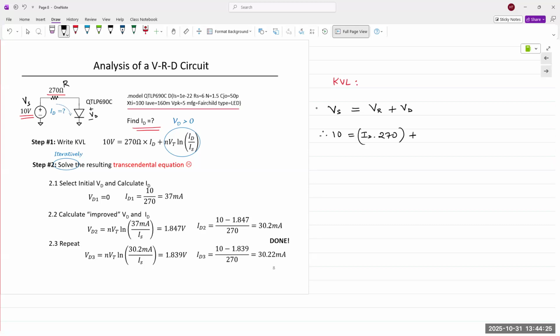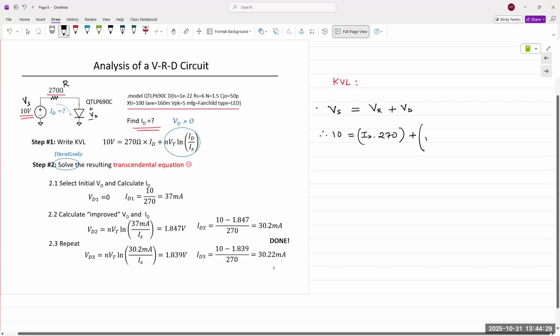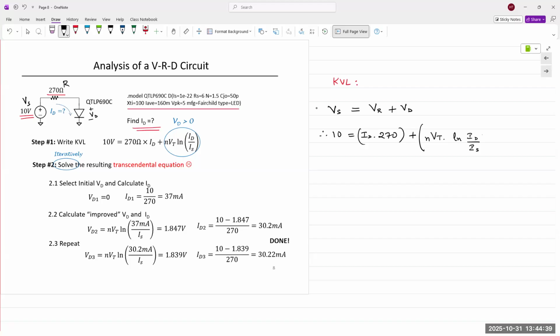And then VD I can write from the diode equation: N VT times the log of ID over IS. So 10 is equal to ID times 270 plus N VT log of ID over IS.